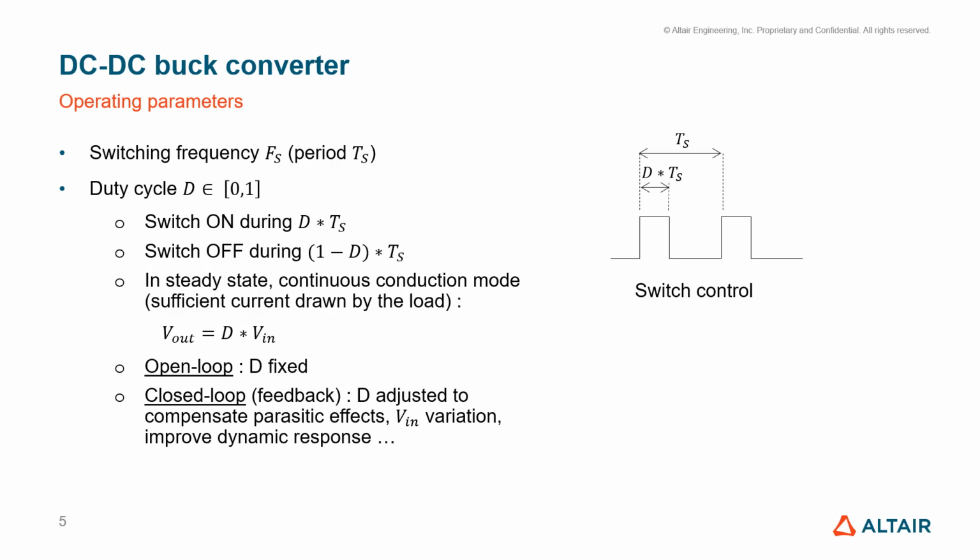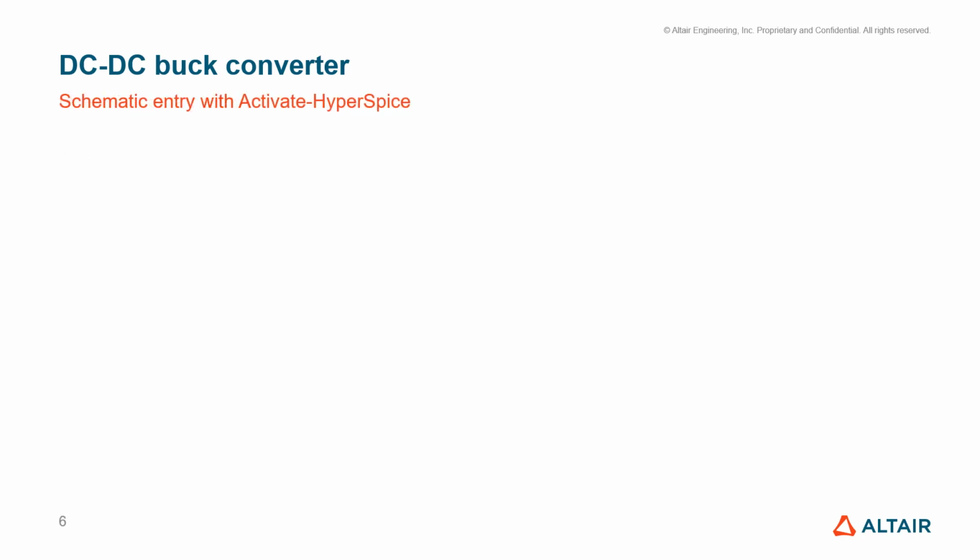D is then adjusted continuously to compensate the component's non-idealities, input voltage variations, and improve the dynamic response. We will now implement the open-loop circuit with Activate by using full accuracy SPICE models and the SPICE simulator integrated into Activate, HyperSpice.